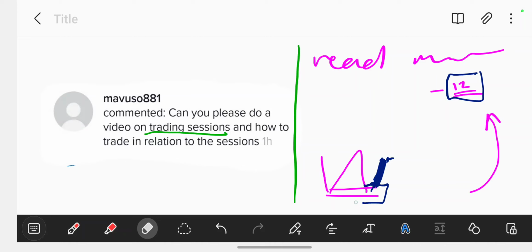So sometimes you'll find that you entered at the zone, and when the session starts, and you don't even know what time it starts, you just see the price making strong candlesticks in your direction. You'll be like, oh, okay, now this is pushing nicely. You see, you are trading the zones, and sometimes the sessions are just there to complement or finish off the setup that you had.